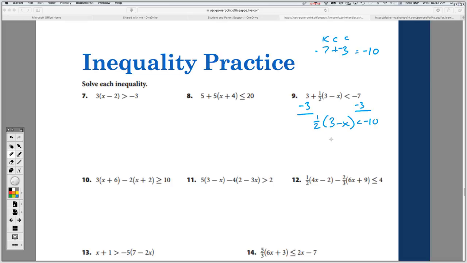But to do this, you would have to make them have the same denominator, so negative 10 becomes negative 20 over 2, and then minus 3 over 2. What's negative 20 minus 3? Negative 23. Negative 23 over 2.